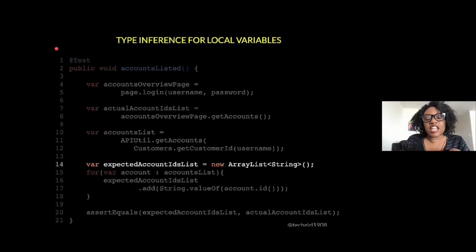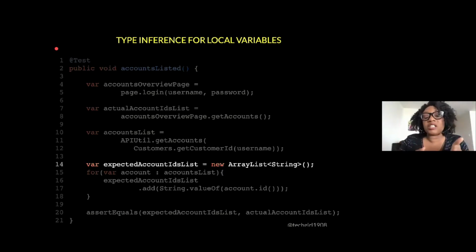Here, I changed the name to be more representative, and I also explicitly defined the data type of the array list on the right-hand side. If I didn't use this diamond operator to indicate that this is a list of strings, it's going to be inferred as a list of objects, which is okay. In this case, I'm not doing too much, but this could get me into trouble down the road.